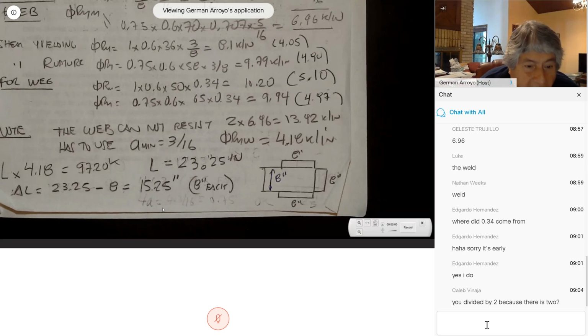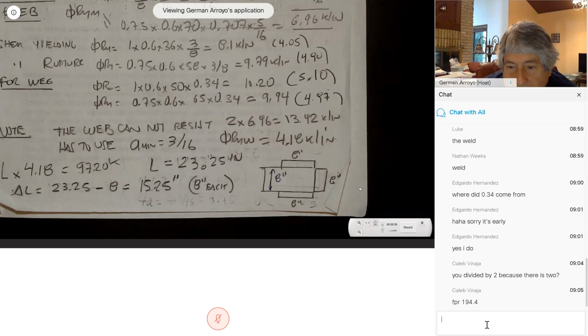Since we're using the half inch increment, I went to 8 inches on each side, because these are the plates. Yes, I divide by 2 because there are 2 plates.